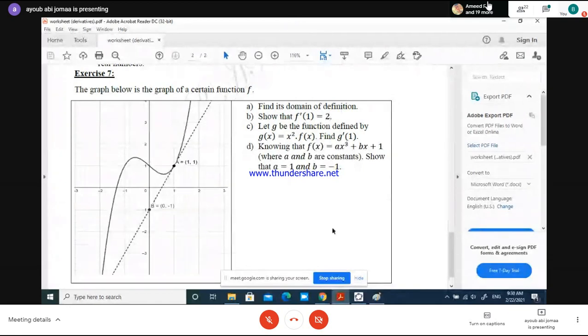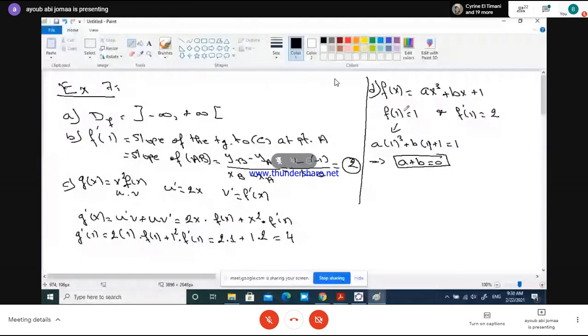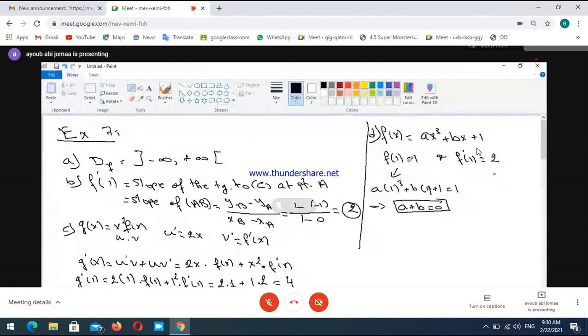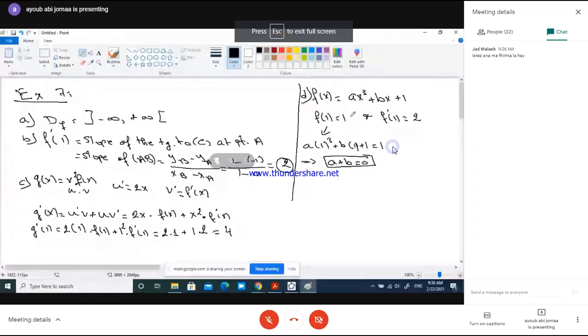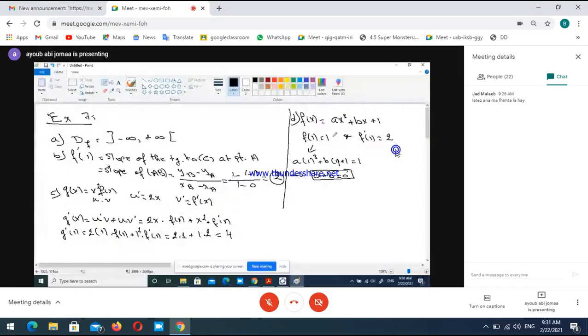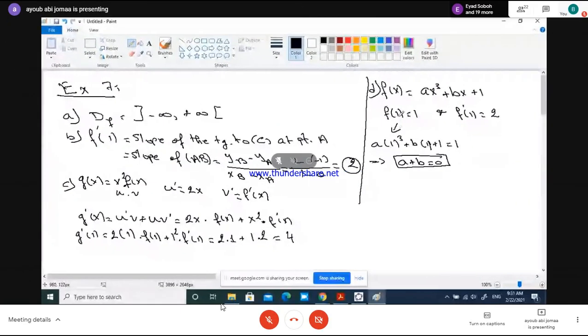No, I understood you. You have f of 1 equal to 1, right? Are you with me on this? Okay, f of 1 equal to 1. What do you mean by f of 1, what is the value of x?